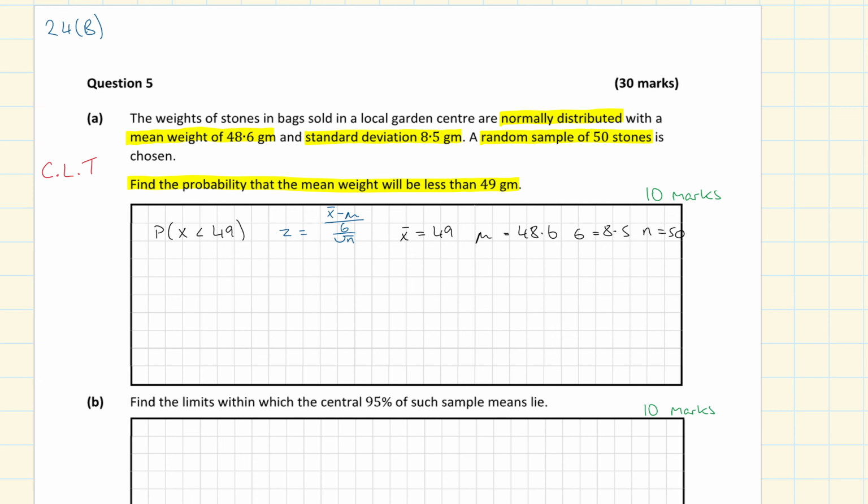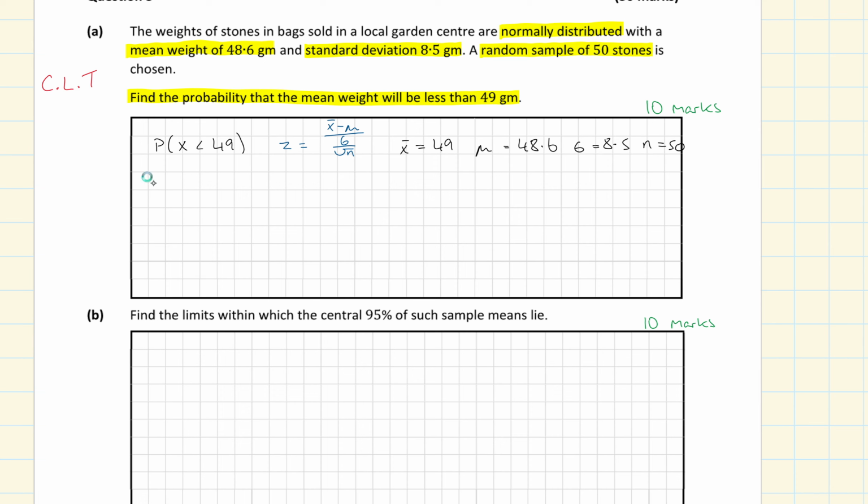Okay, so we sub into our formula now. So we have z is equal to 49 minus 48.6 all over our standard deviation of 8.5 over root 50, into the calculator.